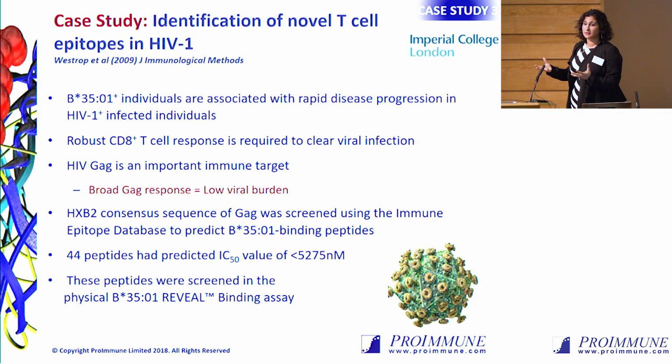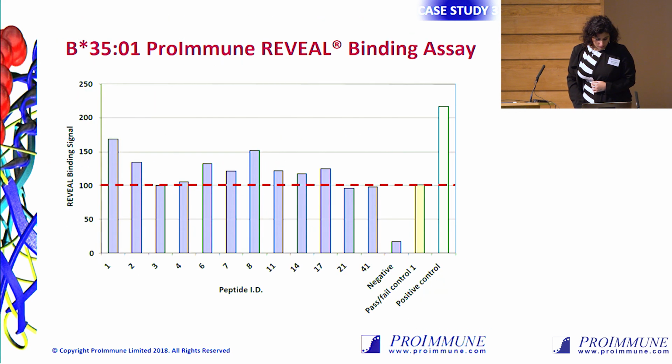So they used in silico predictions, came to us with 45 candidate peptides, and just asked us to load them onto B35. So that's what we did, and we reported the data. We always use a positive control, obviously, and a negative control, and we reported all the peptides that had successfully been embedded in the groove of the B35 HLA molecule.